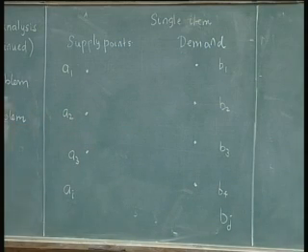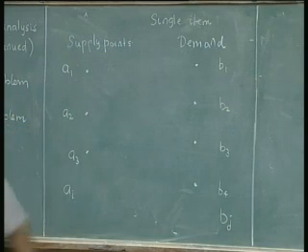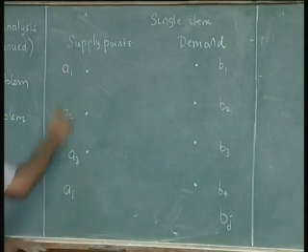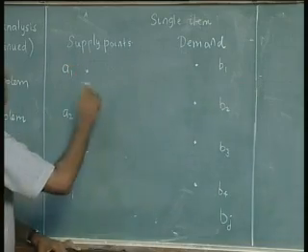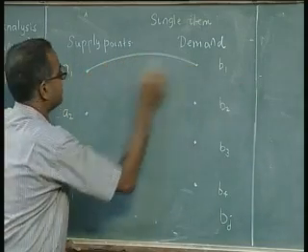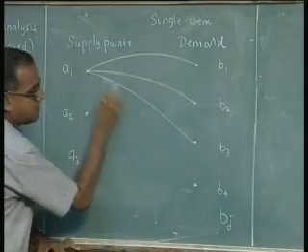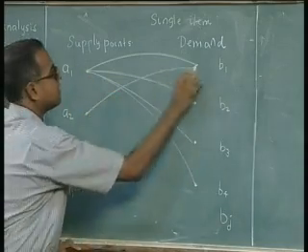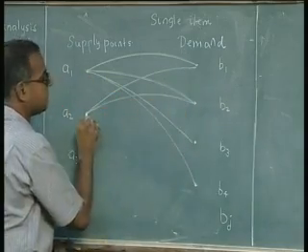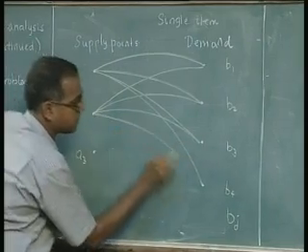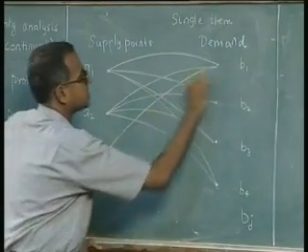And it also takes some money to transport from the supply point to the demand point. We right now assume that it is possible to supply from every supply point to every demand point. For example, we can supply here, here, here and here. Similarly, one could supply to all the 4 demand points.